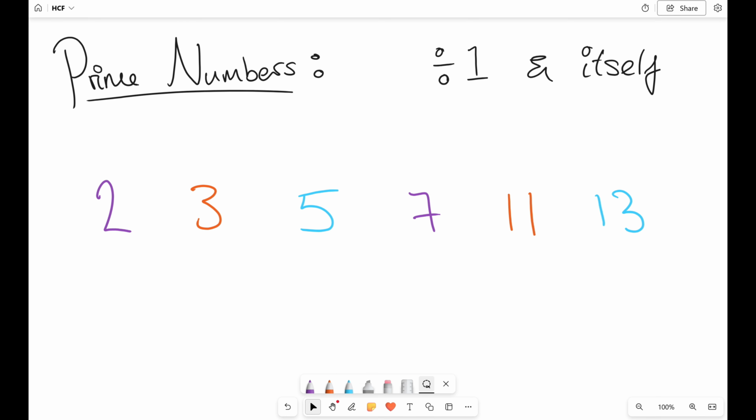The only factor is themselves or 1. I've written the first 6 prime numbers here. The very first and only even prime number is 2, and then the rest of them are odd. If you know any more, let me know in the comments. But these are the staples that you would want to know.